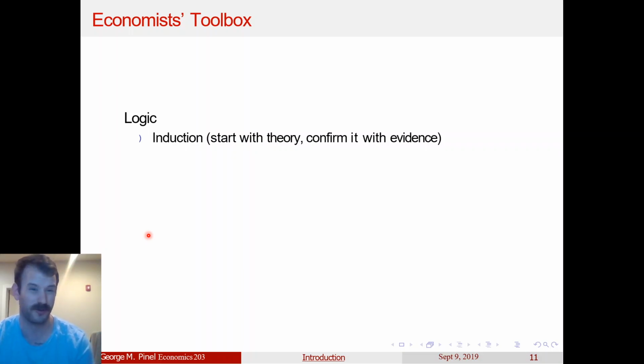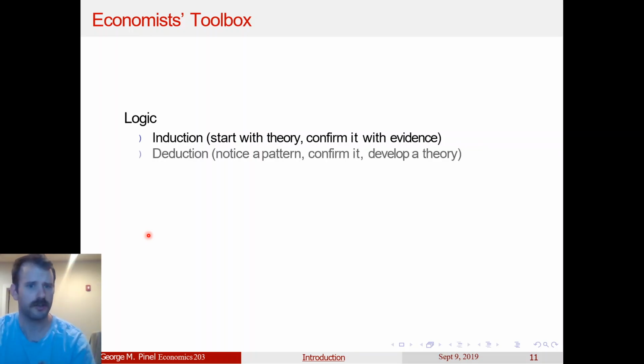Then it just becomes more of an opinion, essentially. So induction will start with the theory, and then you'll do some sort of test, like the Card-Krueger paper that I mentioned earlier, or whatever the hypothesis is. You then develop some sort of test, statistical or experimental or whatever, to either confirm or deny that theory. That is induction. Theory before evidence.